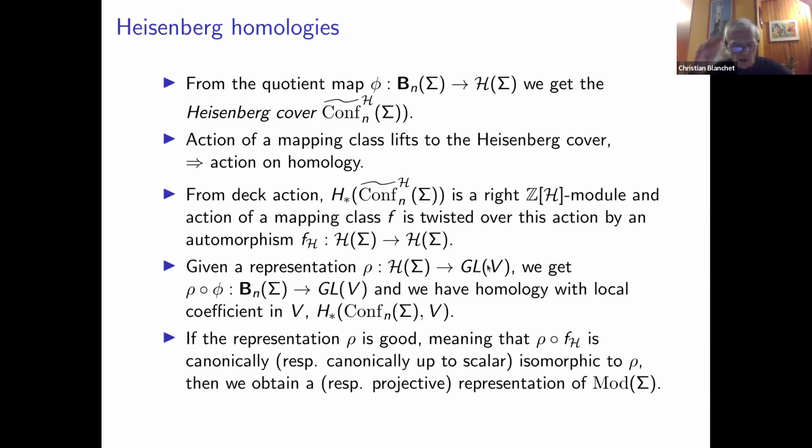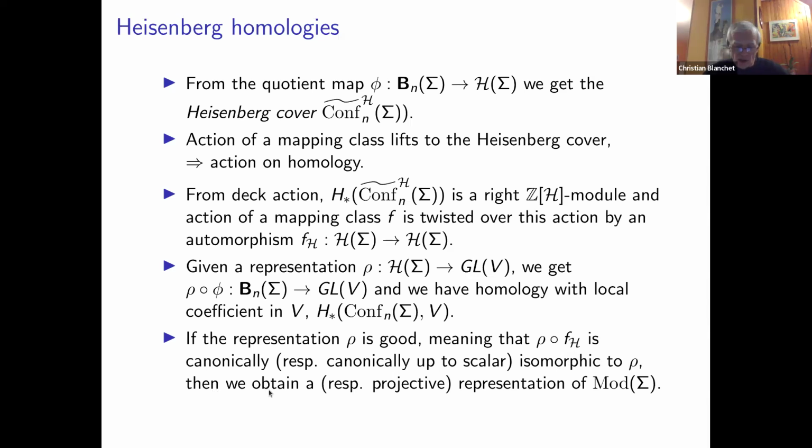And here there is maybe a subtle but quite interesting remark, which is in the case where the representation rho is good, meaning that if we twist with an automorphism of the Heisenberg group, we canonically, or canonically up to scalar, get a representation which is isomorphic to rho, to the initial one.